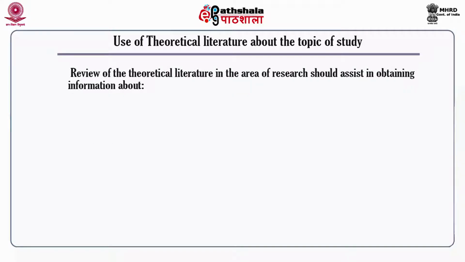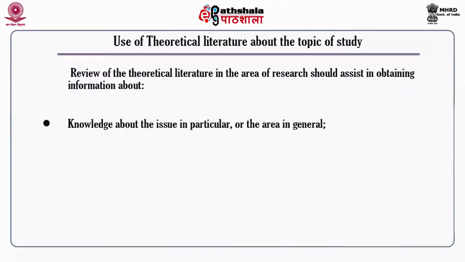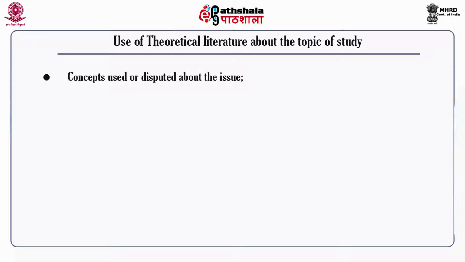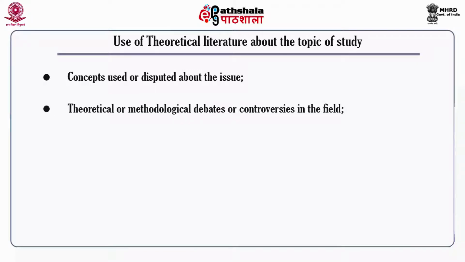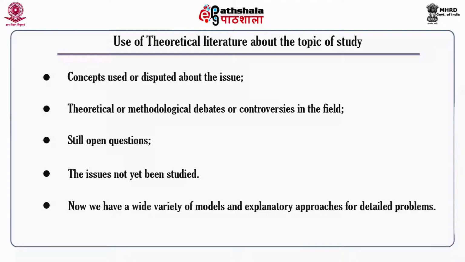Review of theoretical literature in the area of research should assist in obtaining knowledge about the issue in particular or the area in general: the theories used and discussed in the area, concepts used or disputed about the issue, theoretical or methodological debates or controversies in the field, still open questions, and the issues not yet studied. Now we have a wide variety of models and explanatory approaches for detailed problems.